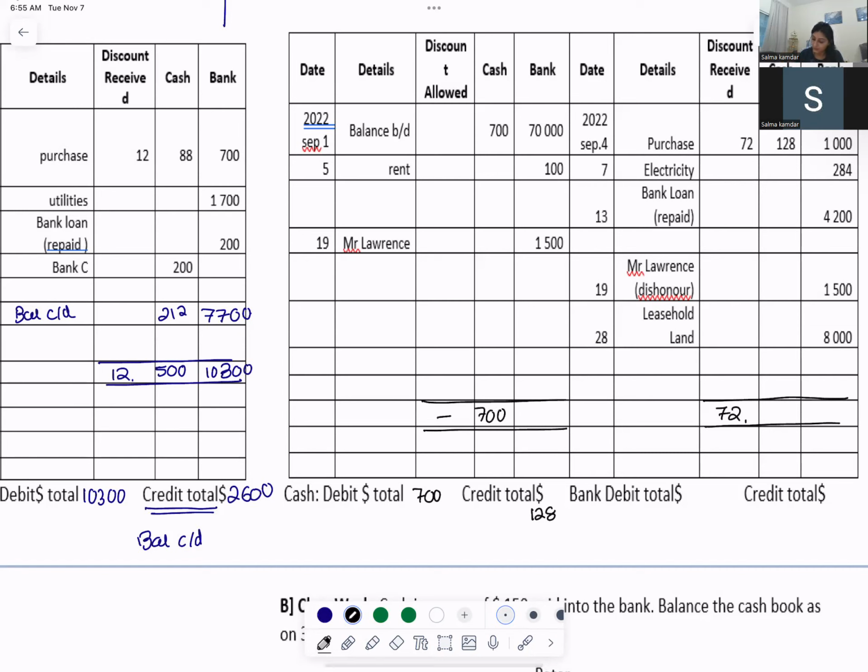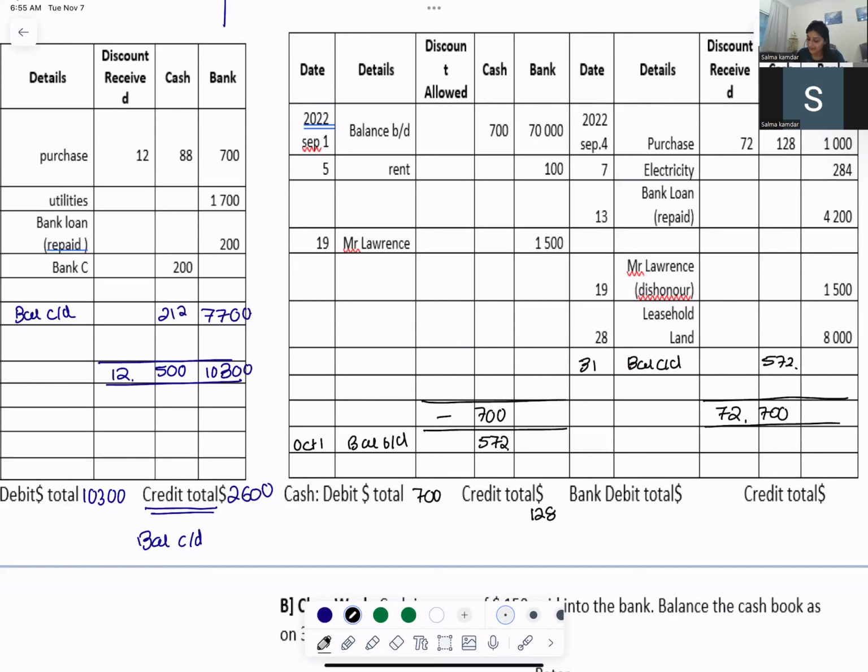I will write it on both the sides. From 700, if I am deducting 128, the credit total is 128. So 700 minus 128 is 572. On the last date, I will have my balance closed down as 572. And on October 1, this will be the balance brought down of 572.